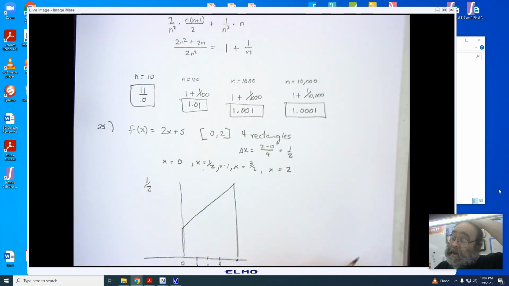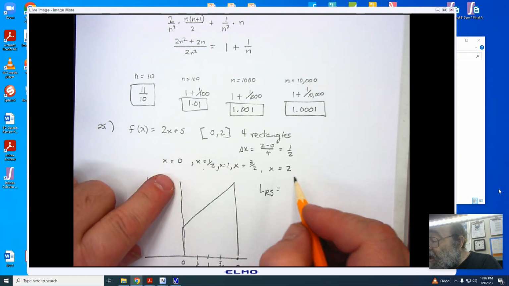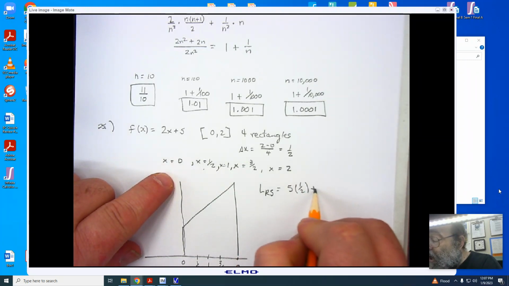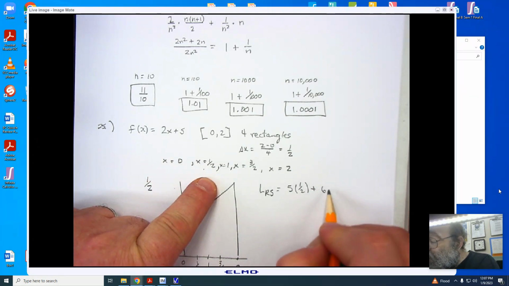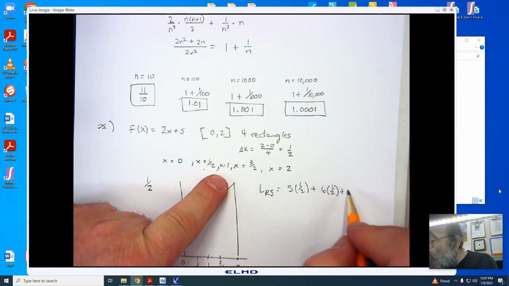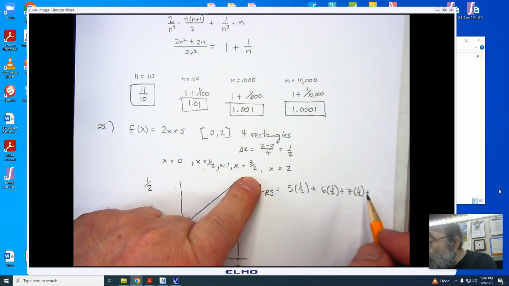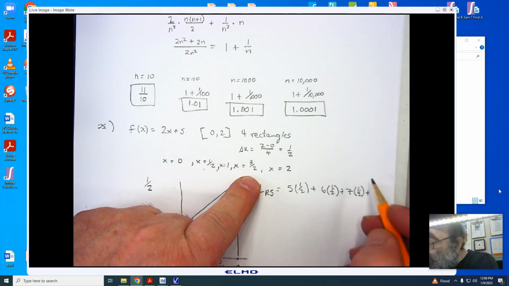So if I use the left Riemann sum, I'm using my height, which is going to be 5 times 1/2, plus the next height is going to be 6 times 1/2, plus the next height, 7 times 1/2, and then our last one is going to be 8 times 1/2.